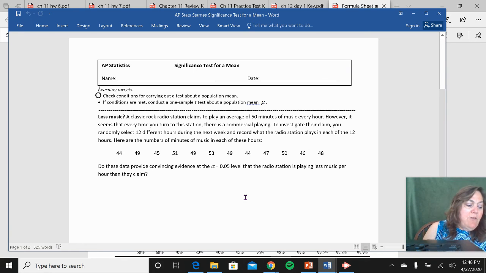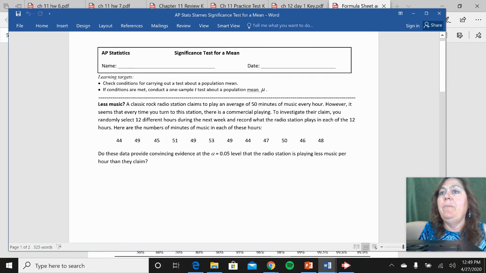You've got a one sample t-test I'd like you to do here. You're given some data, 12 items, so you need to do state, plan, do, conclude. Put this into your calculator, run one of our stats, and also do your sketch and come back and I'll show you the answer key for this one. Okay.